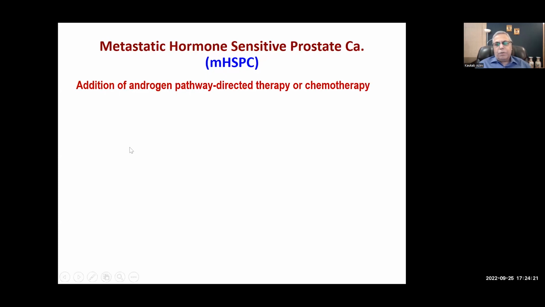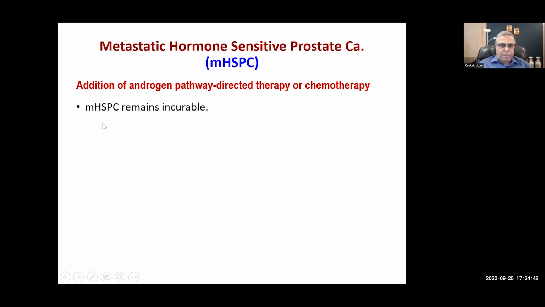So we are still at hormone-sensitive metastatic cancer. Now, in addition to androgen deprivation, we have got other choices. One of the choices is androgen pathway-directed therapy or chemotherapy. If you go back to the drug list, I've already mentioned different therapies, which are GnRH agonist and antagonist and androgen receptor blockers. Okay, but we have got some other therapies as well.